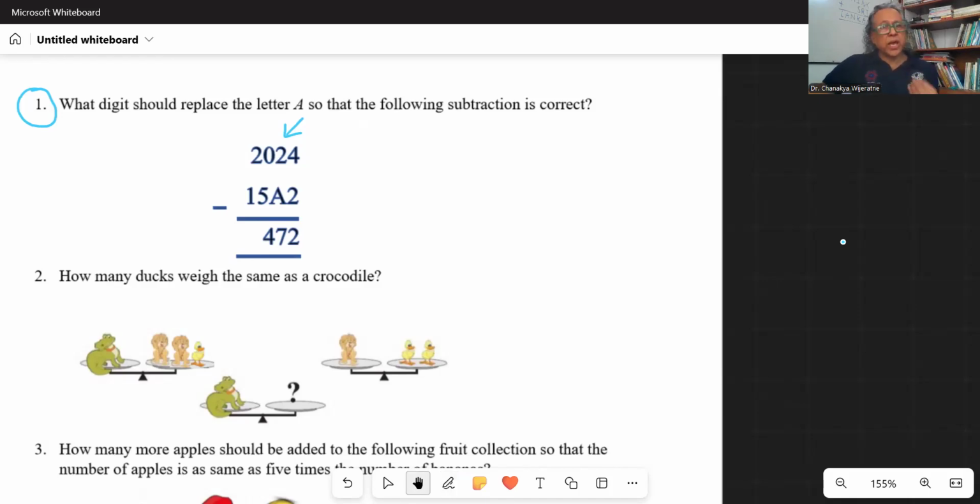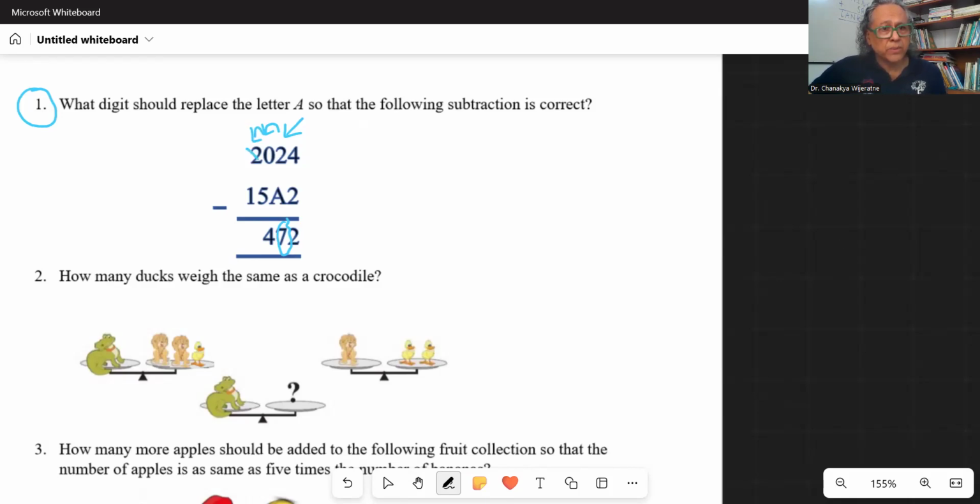So A has to be bigger than 2, otherwise you can't take away A from 2. Since what is left, 7, is bigger than 2, we need to borrow from the hundreds column, but there is nothing there. So we go to the thousands column and we borrow 1.